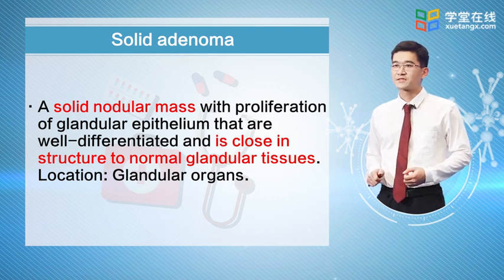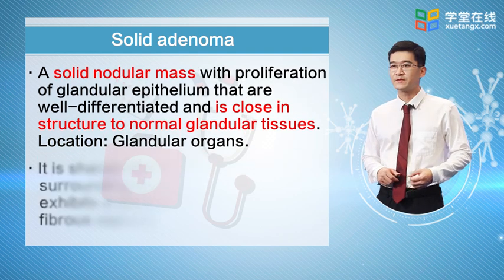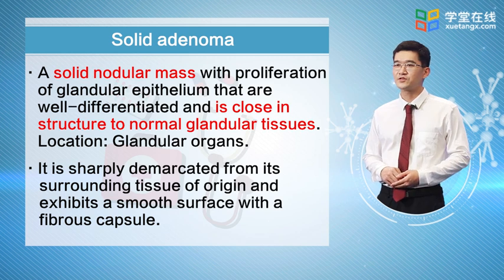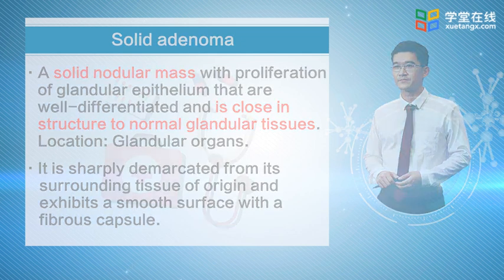In fact, sometimes it may not be easy to distinguish an adenoma from hyperplastic tissue based on its microscopic structure. It is sharply demarcated from its surrounding tissue of origin and exhibits a smooth surface with a fibrous capsule.